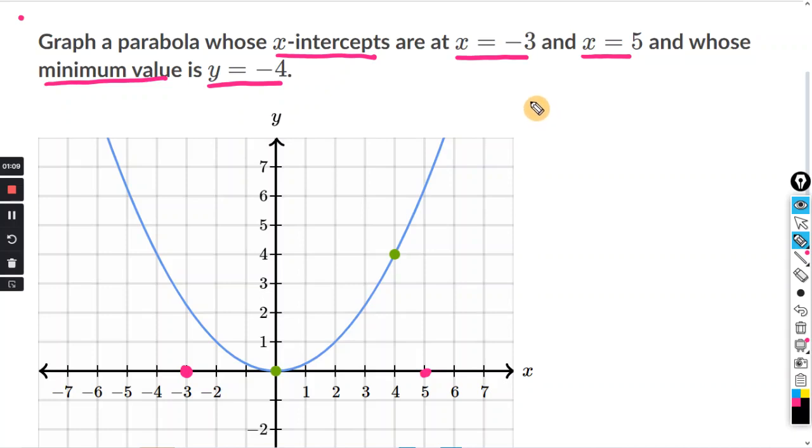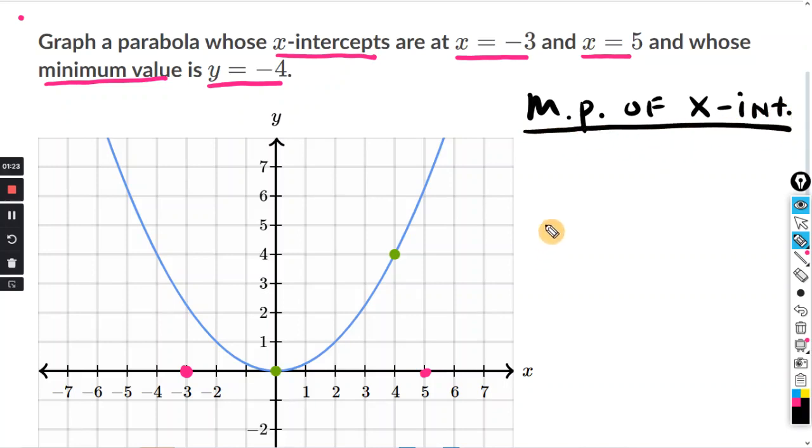If we were to calculate that, it's the same as finding the average. You basically just add the two x coordinates and divide by 2. How do you find the average of two numbers? You add them and divide by 2.